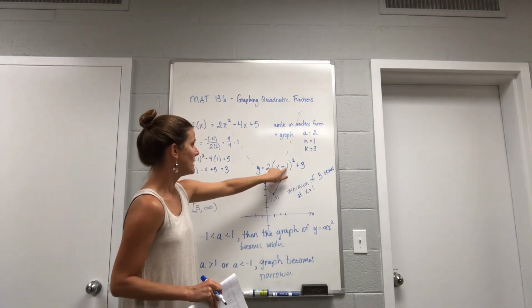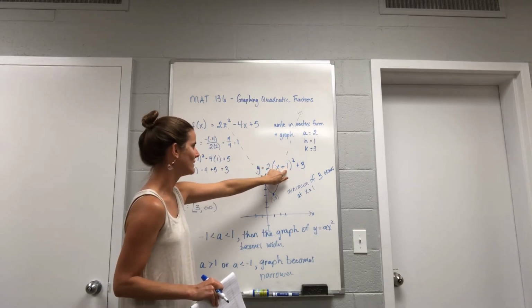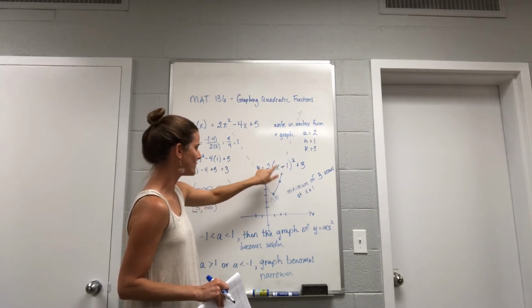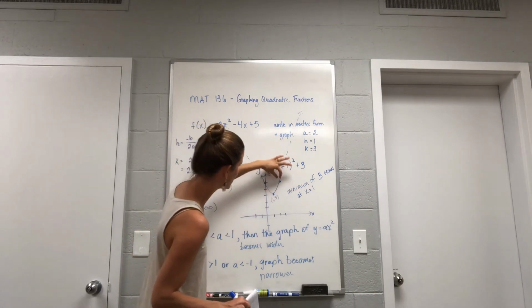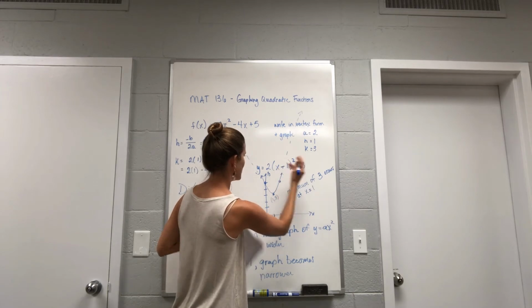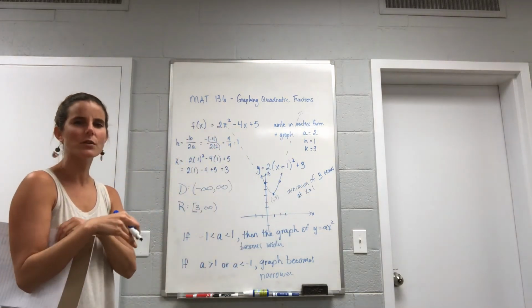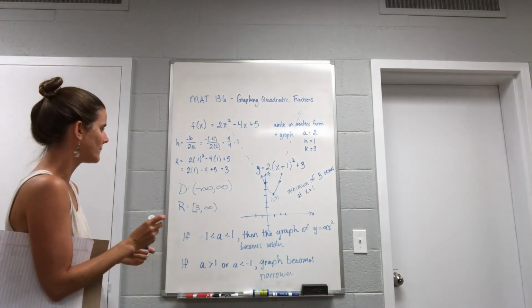So if we plug that in, we get 1 times 4, which is 4, plus the 3 is 7. So this value would be 7. And so instead of right here, it'd be stretched up here and it'd be skinnier, it'd make it more narrow. So it kind of seems counterintuitive, but it makes sense when you think of it on the graph.